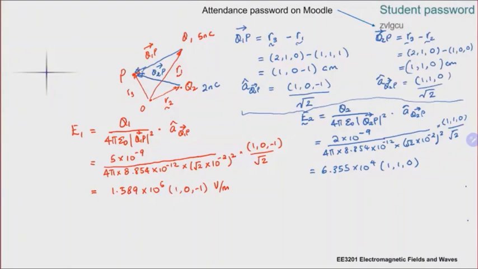So the total electric field will be the vector sum of E1 plus E2.